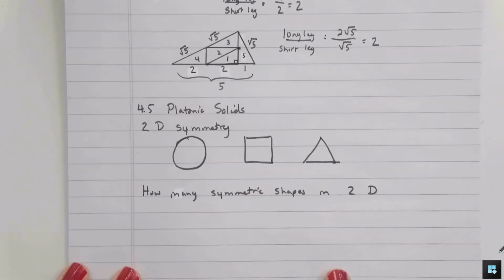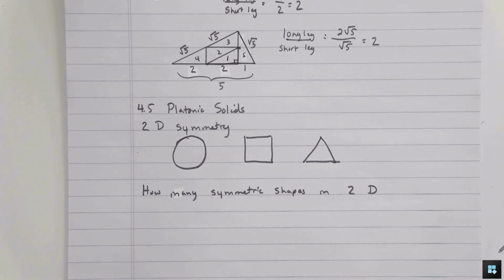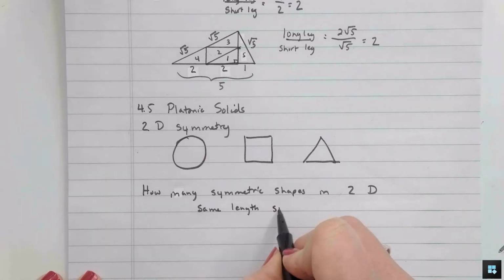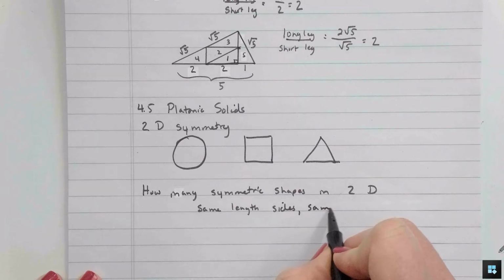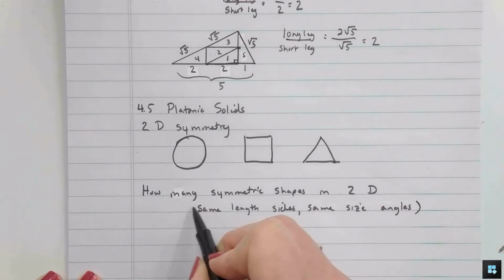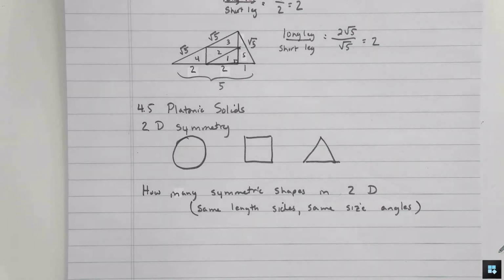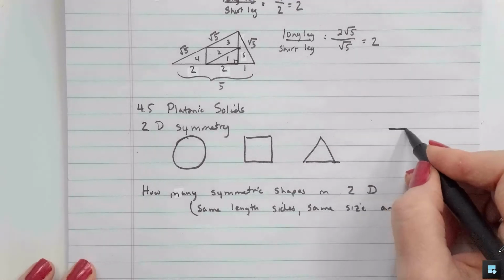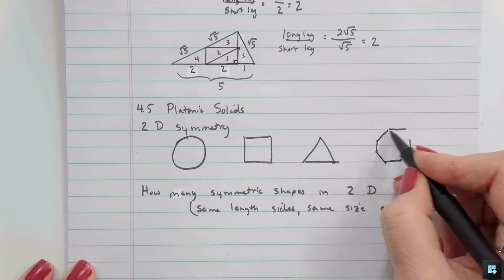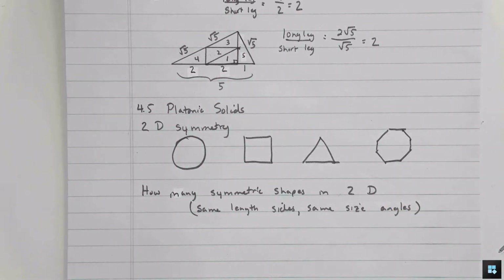And by symmetric here, I mean the same length sides and the same size angles. So you have your square, you have your triangle. I think somebody mentioned the octagon. How many symmetric shapes are there in 2 dimensions?